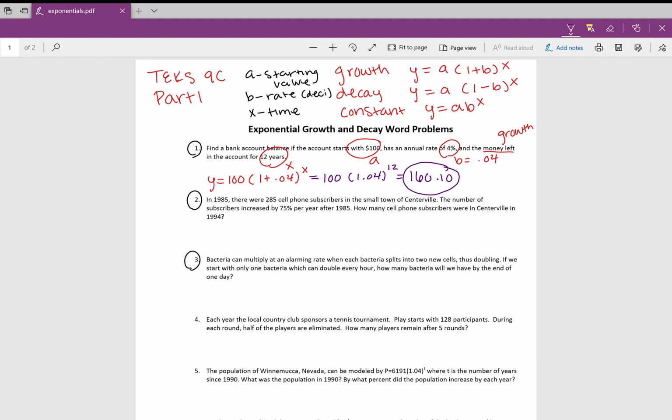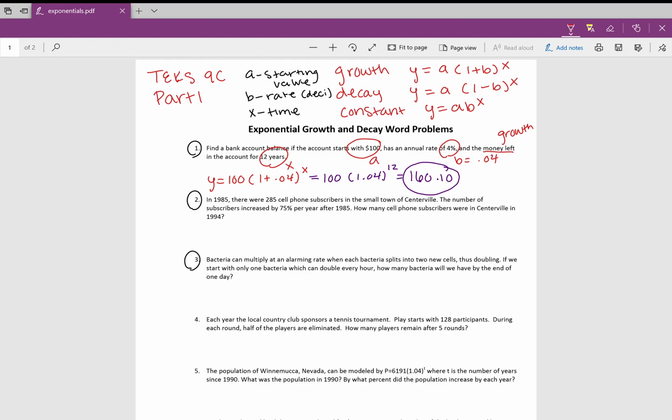Having an annual rate of 4%, meaning every year they give you 4% of the money in your account, after 12 years you gained $60.10. You started with 100 and ended with 160.10. So that's our answer.